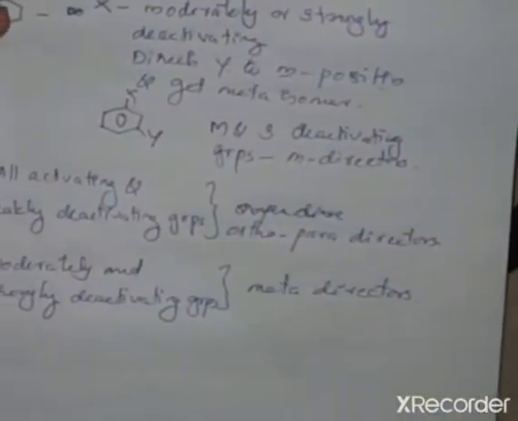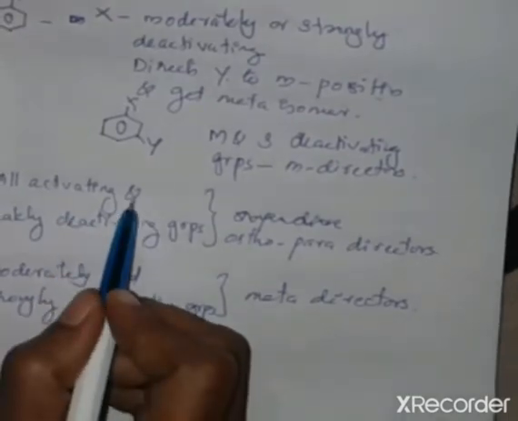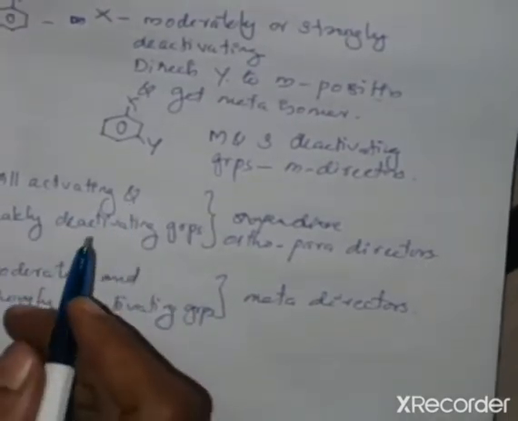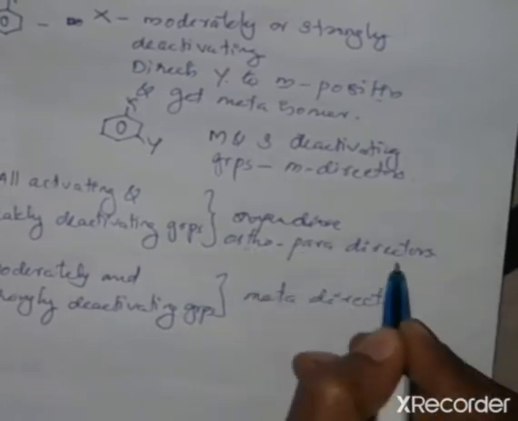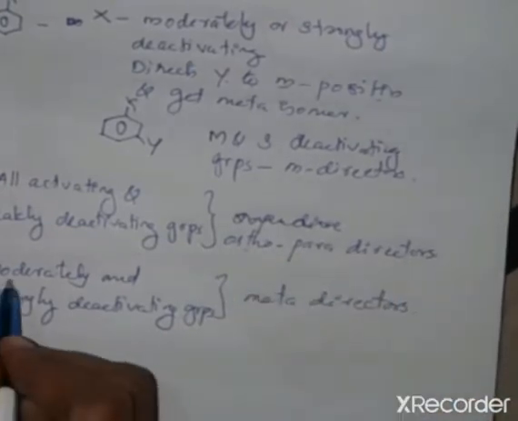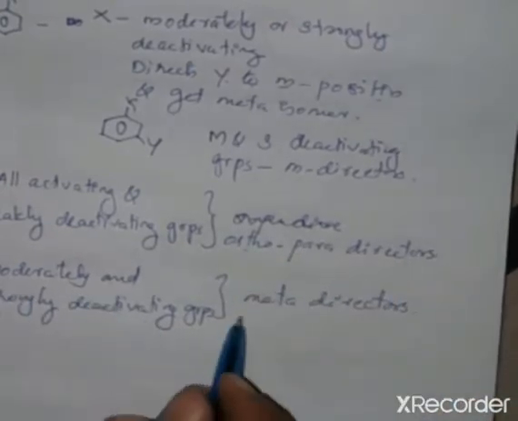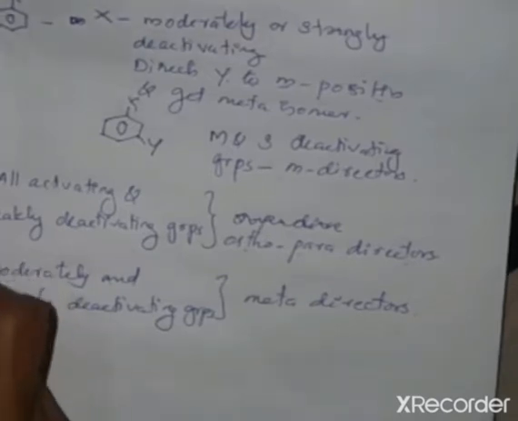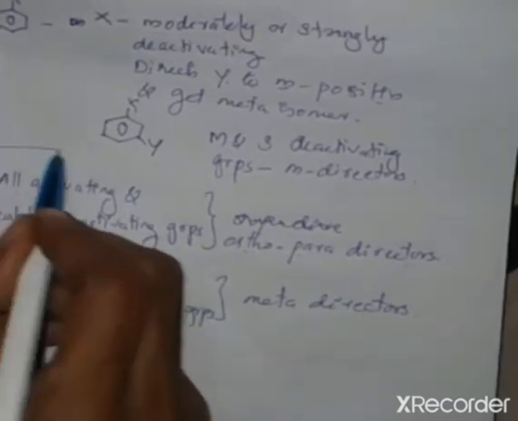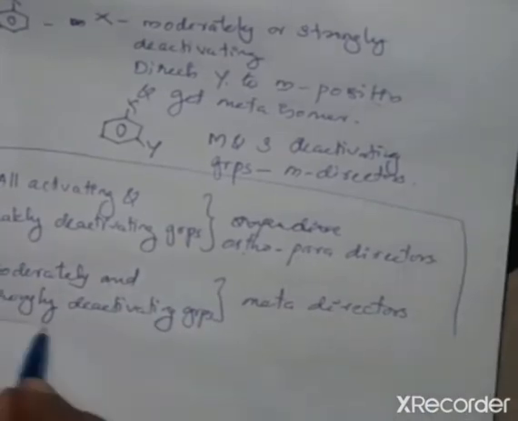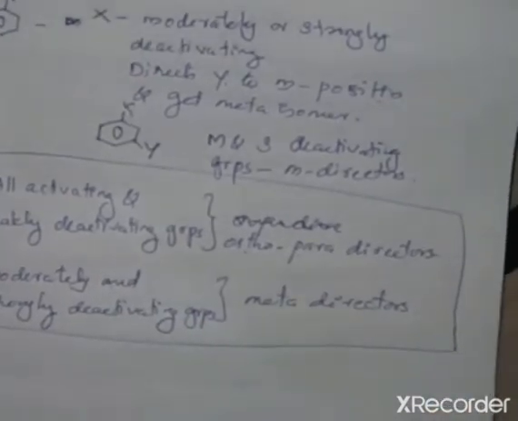That is, all activating and weakly deactivating groups are ortho para directors and all moderately and strongly deactivating groups are meta directors.